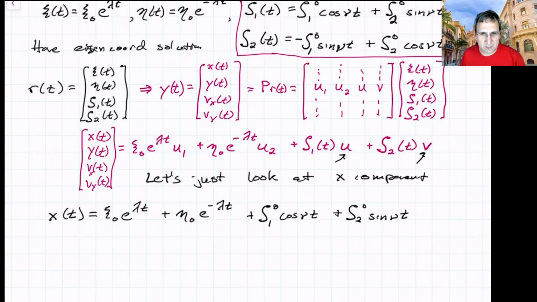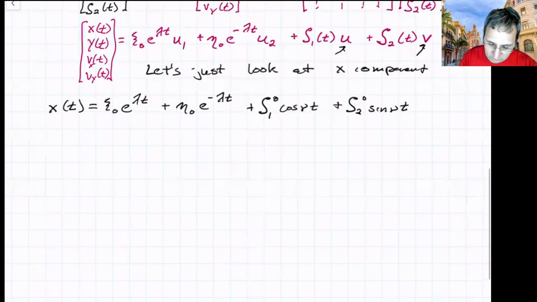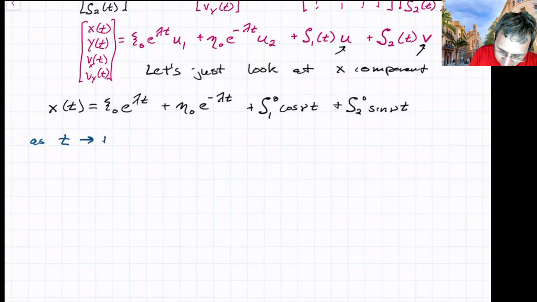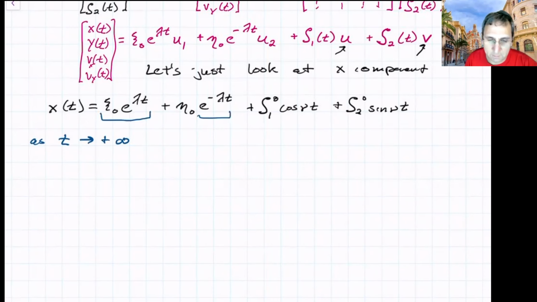When we look at this, we can start categorizing things based on what happens as time goes to plus or minus infinity. So if you look at this, we go, okay, if time goes to plus infinity, then x is going to be dominated by just this term, right? This thing will become 0, e to the negative infinity.